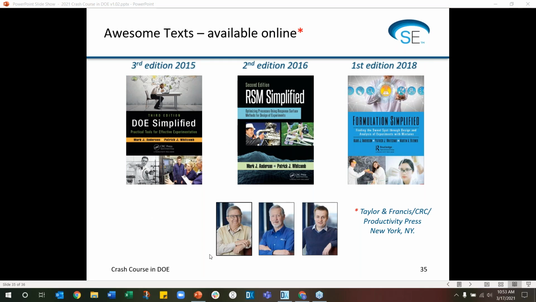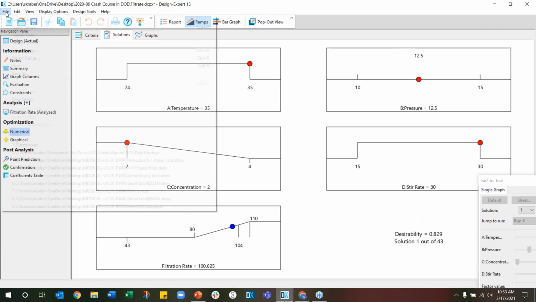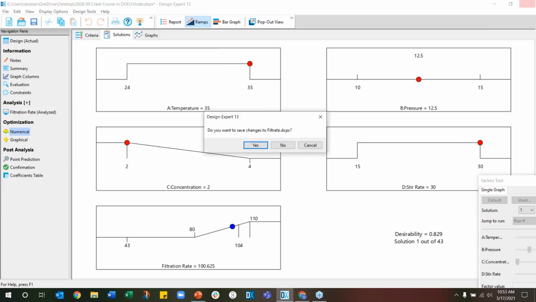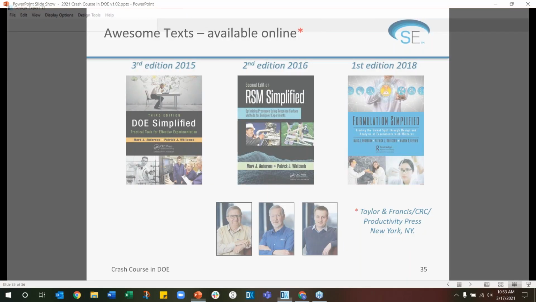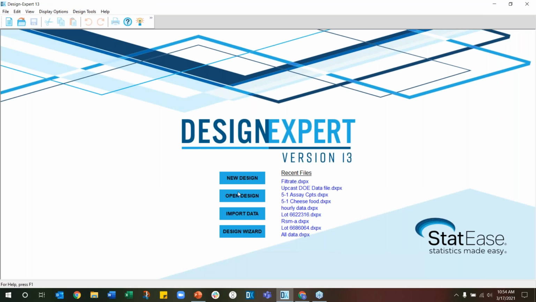Somebody asked, how do we choose whether to do a two-level factorial or a response surface design? One thing I would encourage you to use is the design wizard at the very beginning.